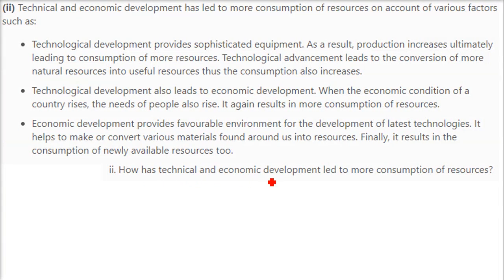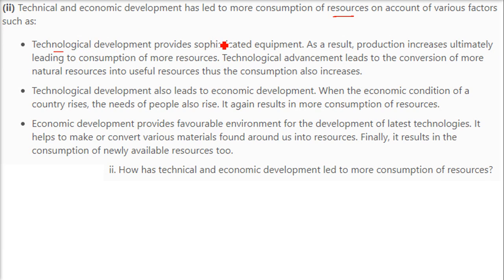Next question is, how has technical and economic development led to more consumption of resources? Whenever there is a demand, that is consumerism. People are asking, so we are producing. This technological and economic development has led to more consumption of the resources. There are various factors defining it.